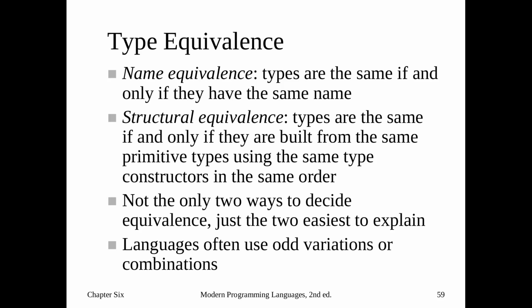That's something similar to what you see in ML. These are not the only two ways to decide equivalence. They're just the two easiest to explain. Languages often use some odd variation or combination. As we will see with almost every topic we consider here, languages are always a one-off or some mixture of things.